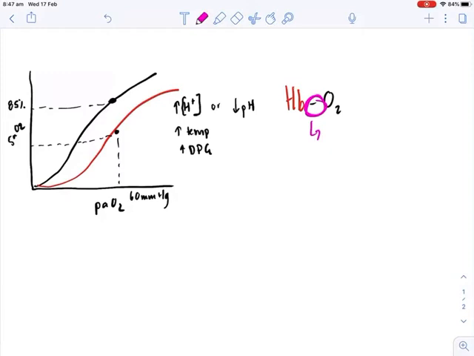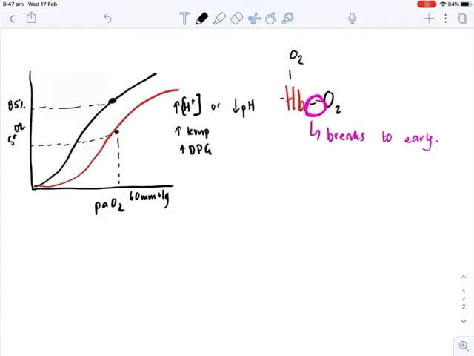So this bond here breaks too early. So then, as you can imagine, your O2 has broken from your hemoglobin, so it's not saturated anymore.